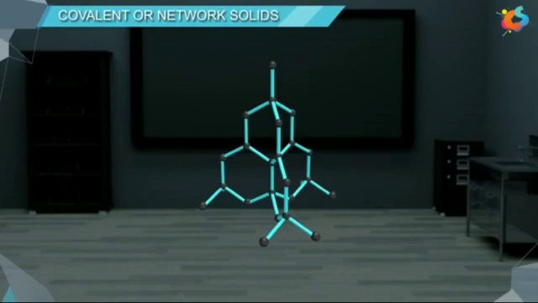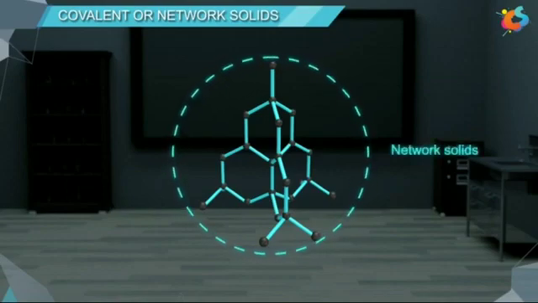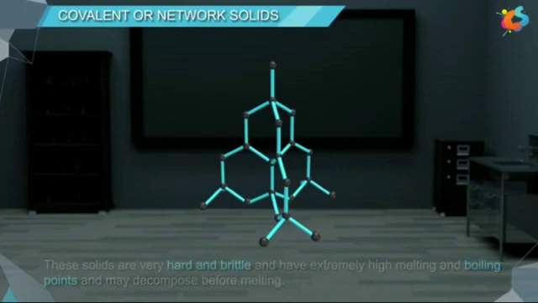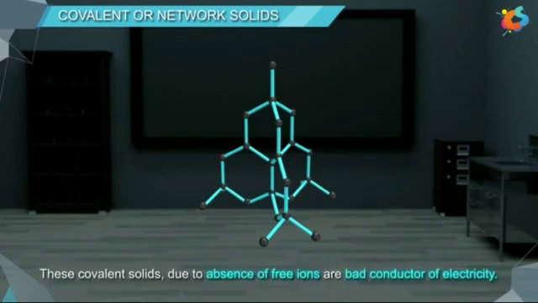Due to the large network of covalent bonds, these solids are also known as network solids. These solids are very hard and brittle and have extremely high melting and boiling points. These covalent solids, due to the absence of free ions, act as bad conductors of electricity.